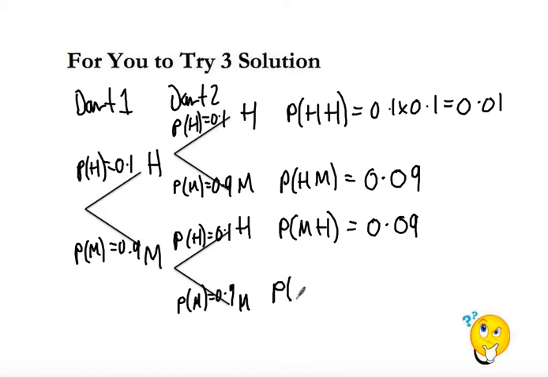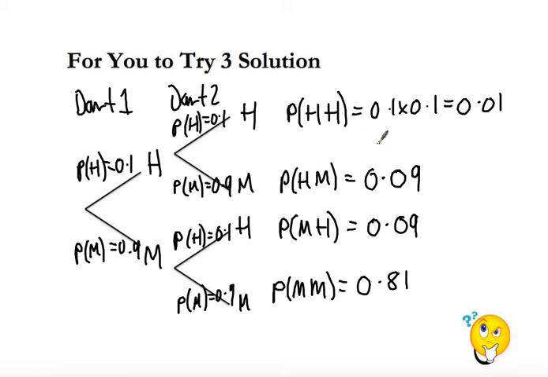And then probability of a miss and a miss is 0.9 times 0.9, which is 0.81. If I add these together, 0.81 plus 0.09 is 0.9, plus 0.09 is 0.99, plus 0.01 is 1.0. So we get there.